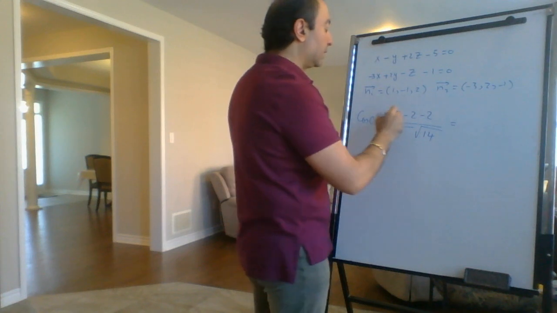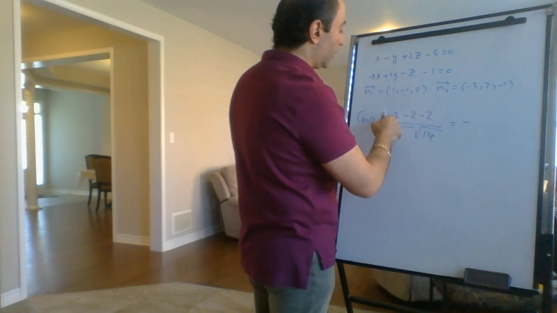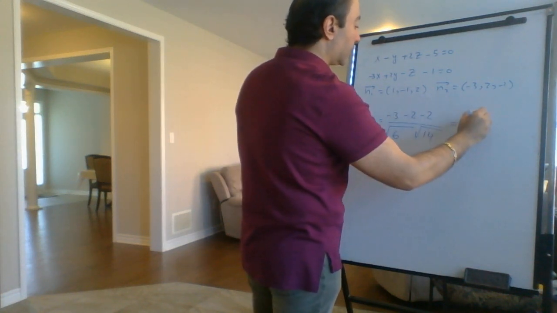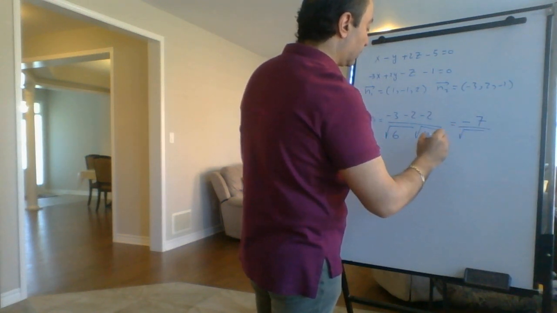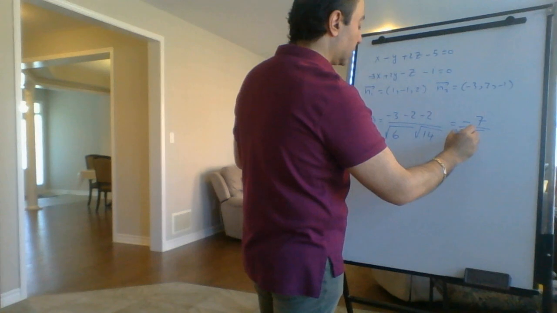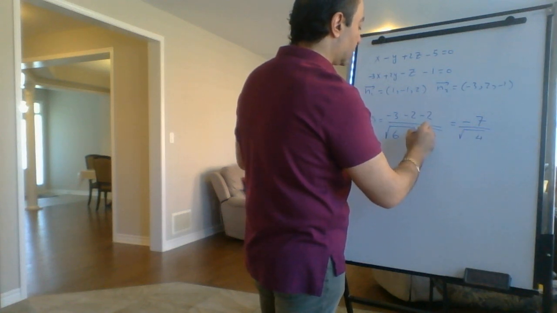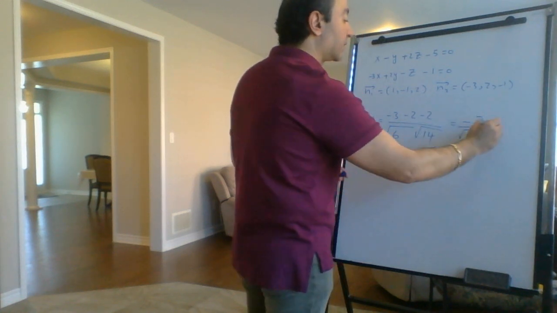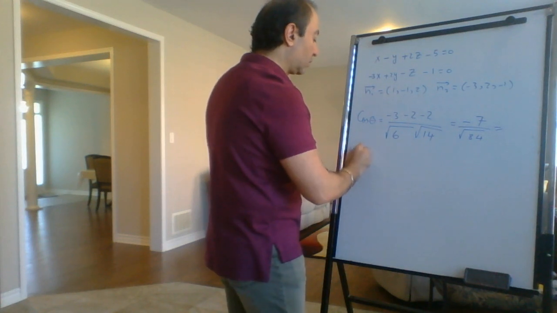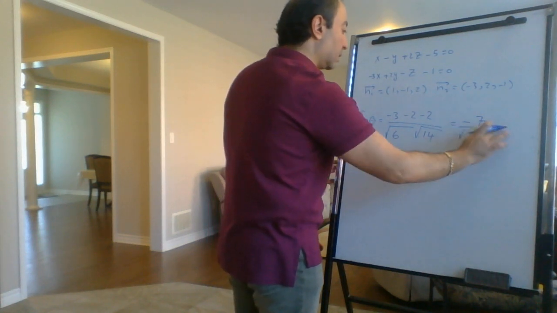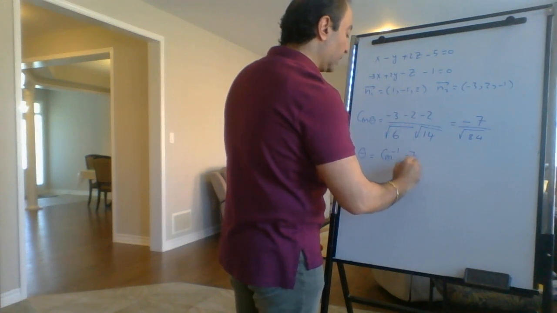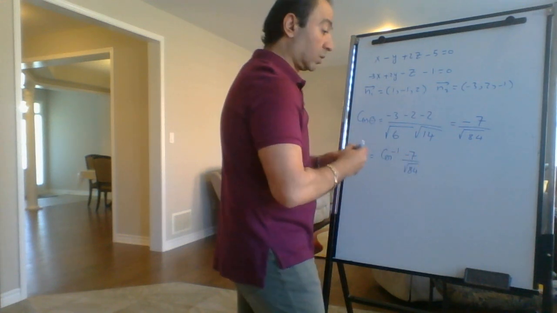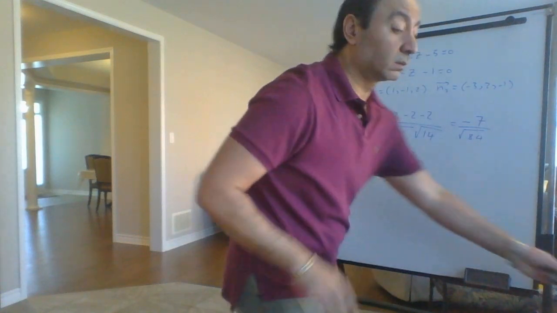So this will be negative 7 over square root of 6 times 14, which is 84. So negative 7. So theta equals cosine inverse of negative 7 over square root of 84. So we can find the angle.